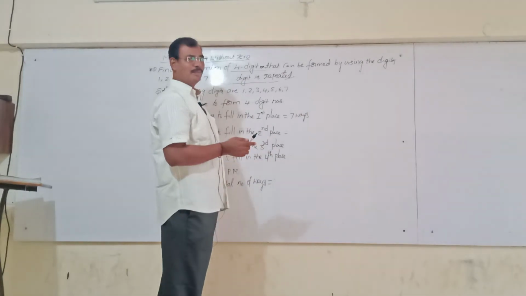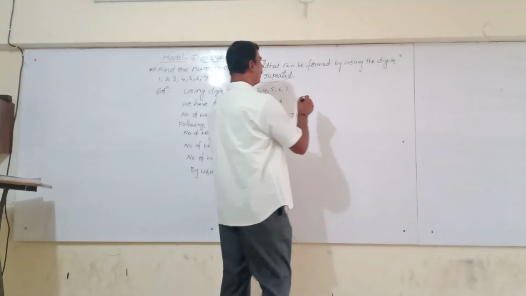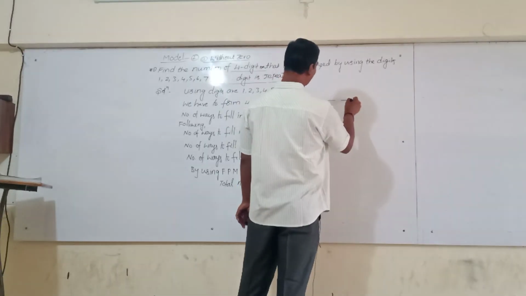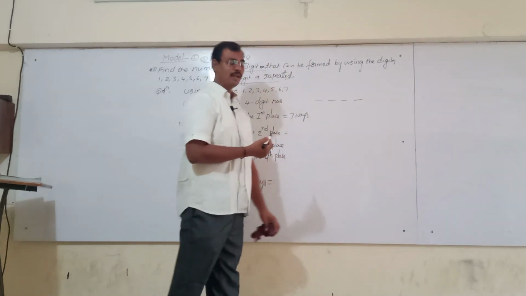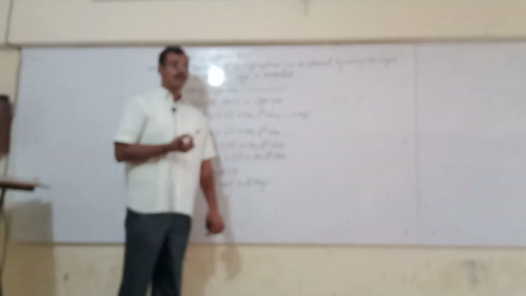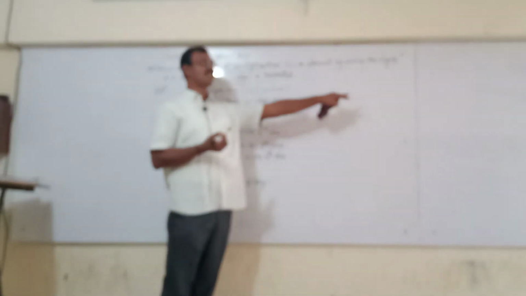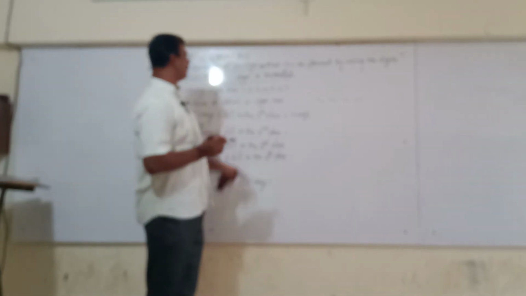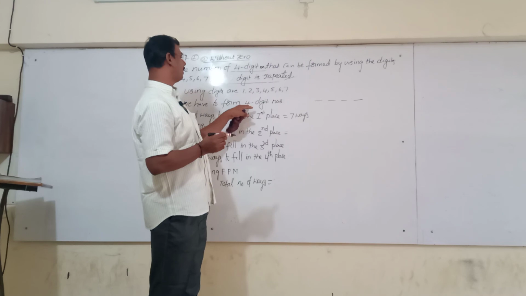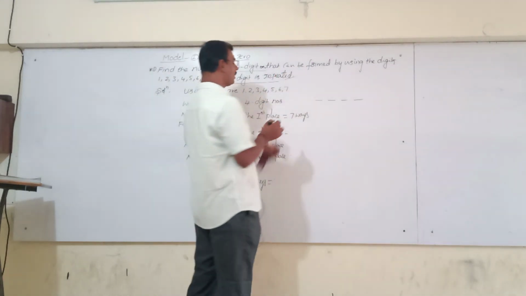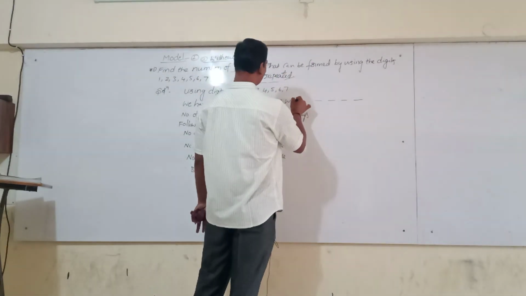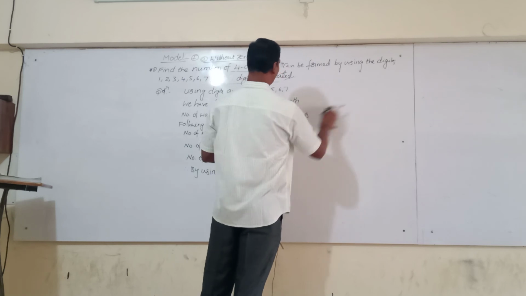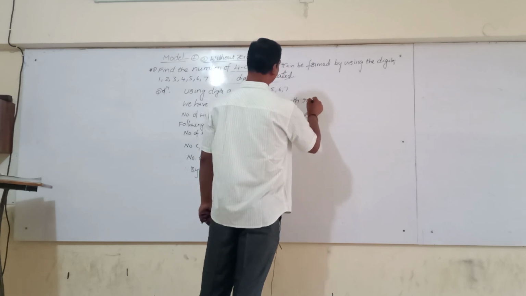Firstly, the best and most important idea: create the positions. This is the most important thing. Good idea this is. Create the slots for the 4 digits, so we have to create 4 positions like 4 slots. Now the condition is what?